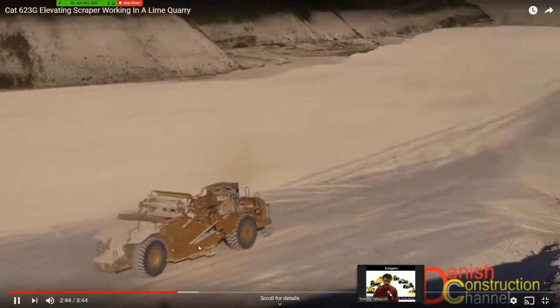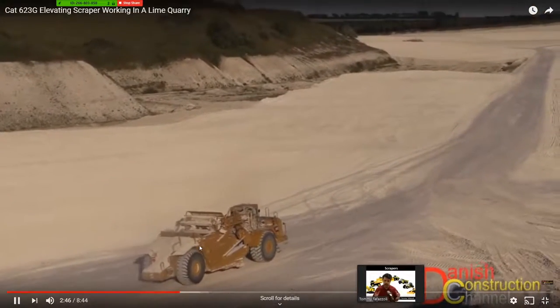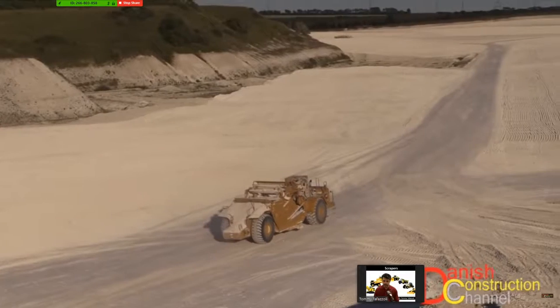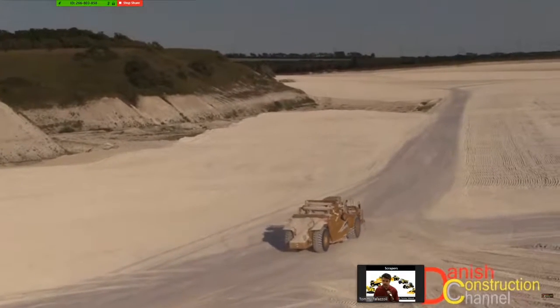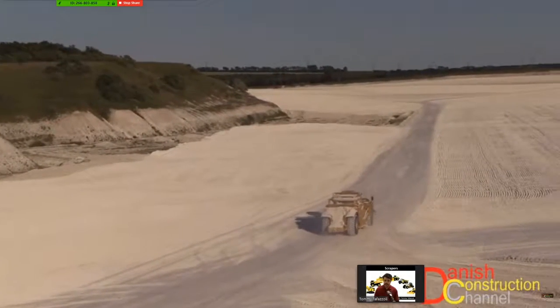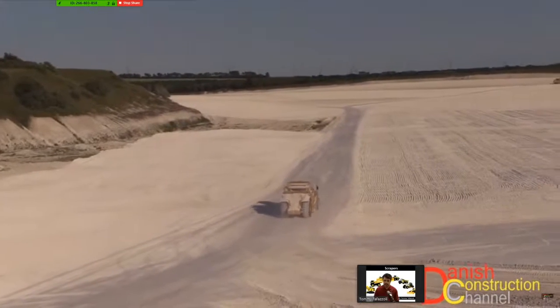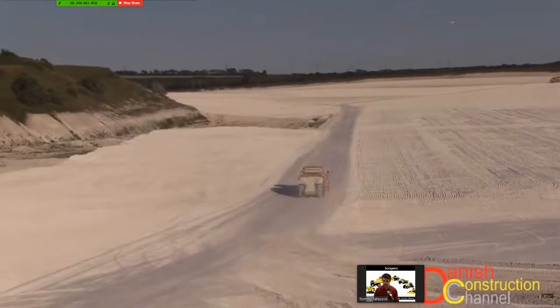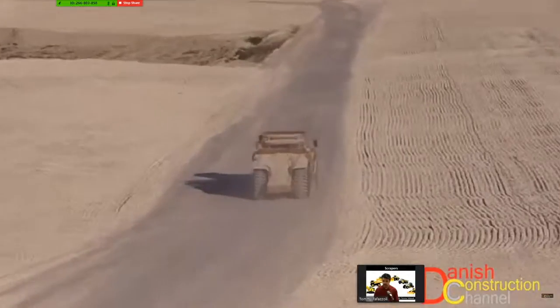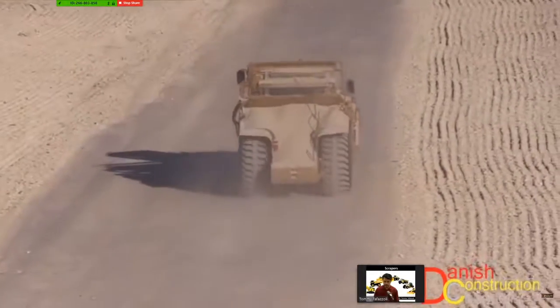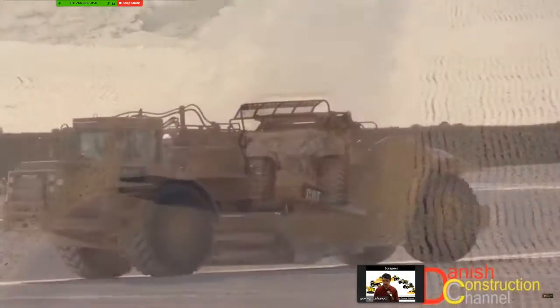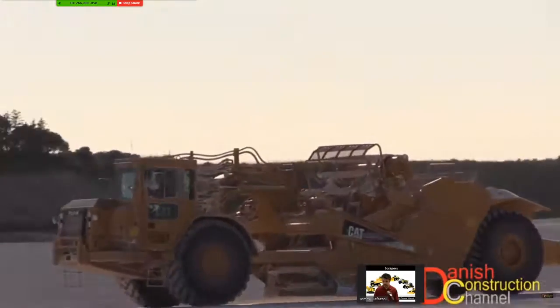So if you remember, the wider the wheels of heavy equipment, the more tractive force it creates. I mean, the machine would be moving on the road surface more easily.